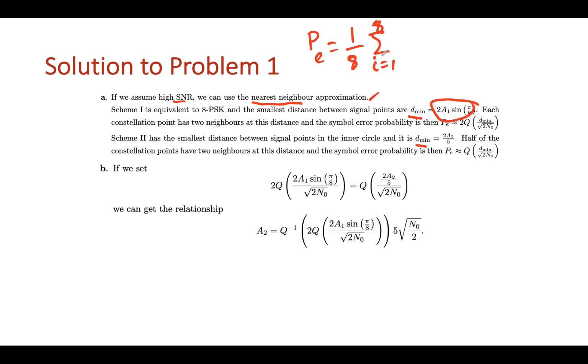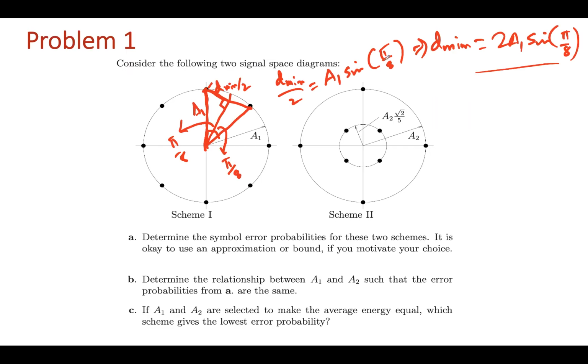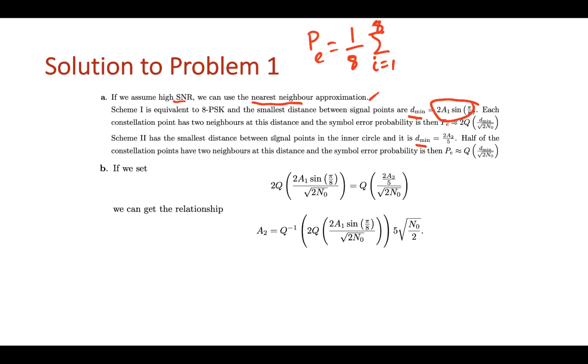Okay, and then for each signal Si you have 2 nearest neighbors. Okay, so if you consider this signal, then it has this nearest neighbor and this nearest neighbor. So for each signal you have 2 nearest neighbors. So here you have 2, and then the Q function of d min over square root of 2 N0.